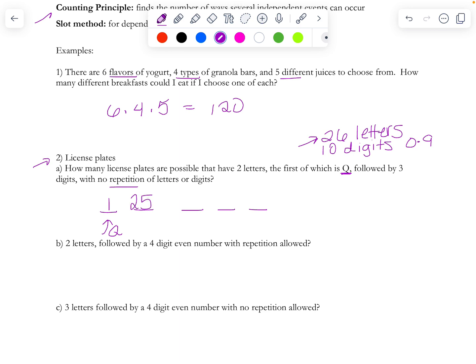For the first slot of digits, I have 10 choices. Let's say I used a 1. Now I'm going to have 9 choices left, and then 8 choices left. For all of these, you always multiply, and in your scientific calculator you get 18,000.